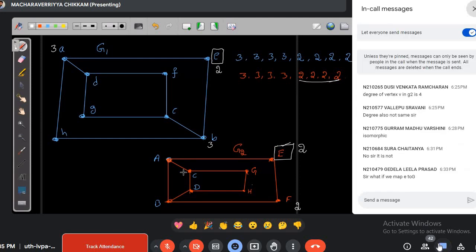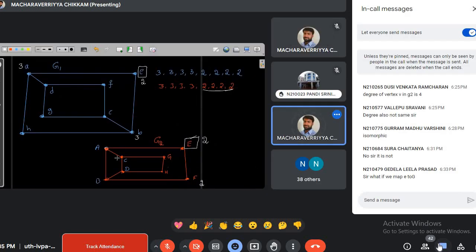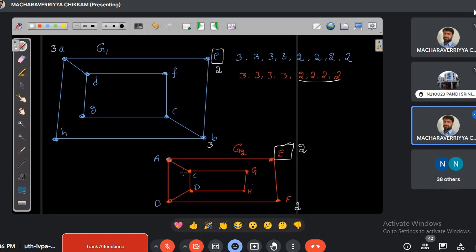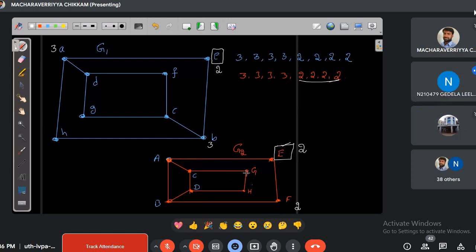Okay, so what is it you're saying? What if we map E to G? Okay, so you'd like to map small e to capital G? Yes, sir. Okay, fine. Then I'll talk about this G. And where do you map this G?